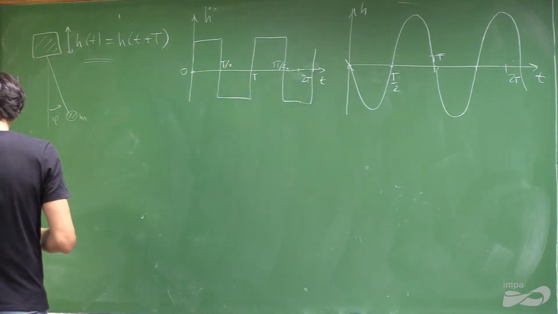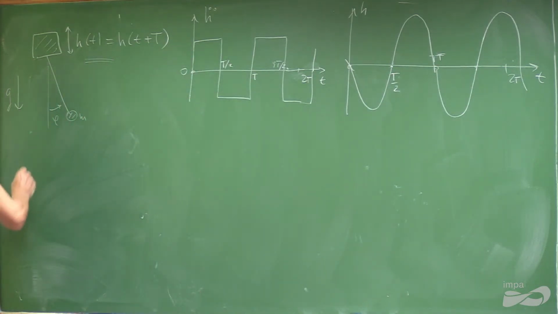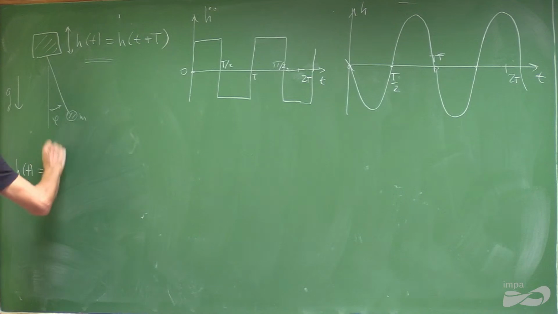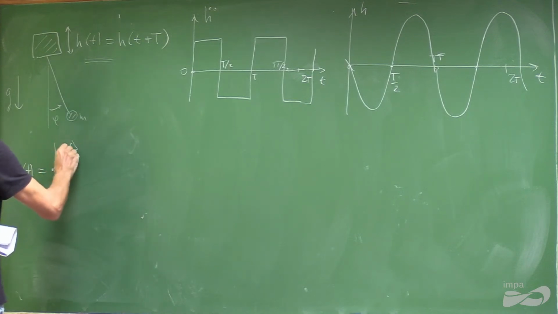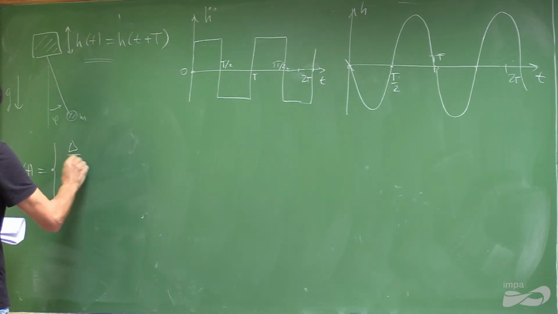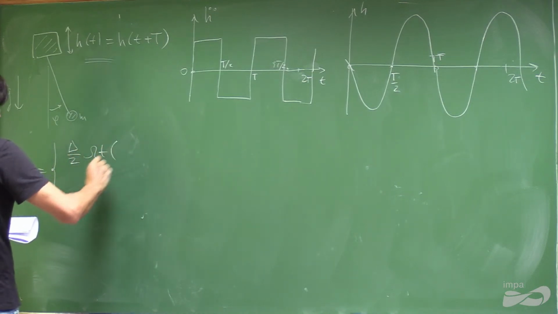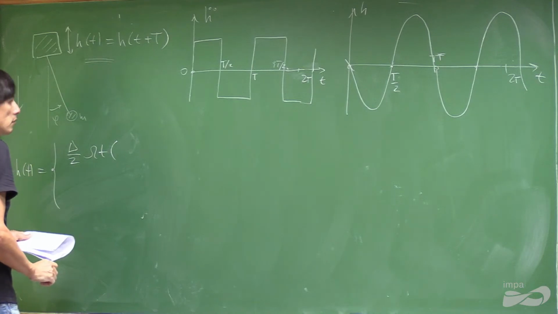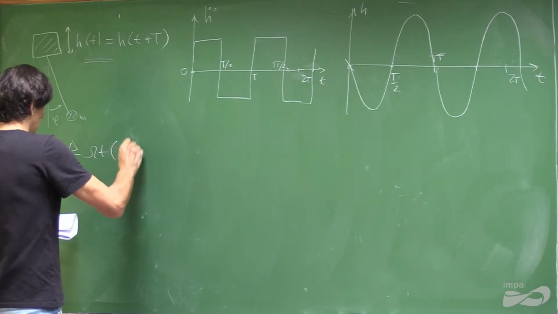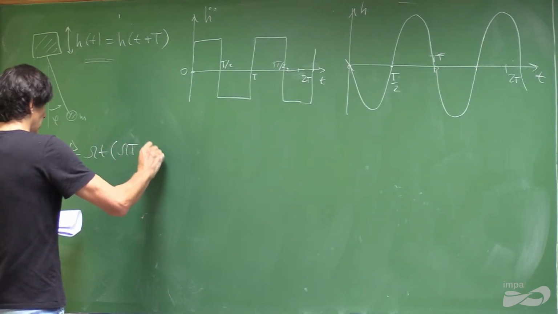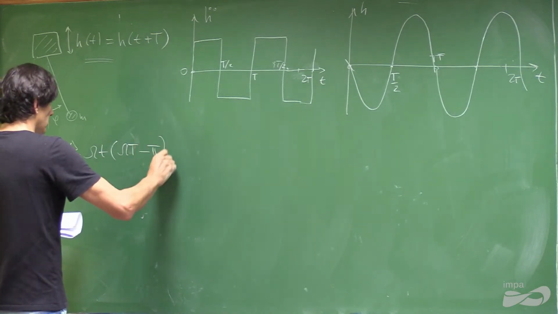So I can write what it is exactly. We will take h of t to be delta divided by 2 omega t minus pi.